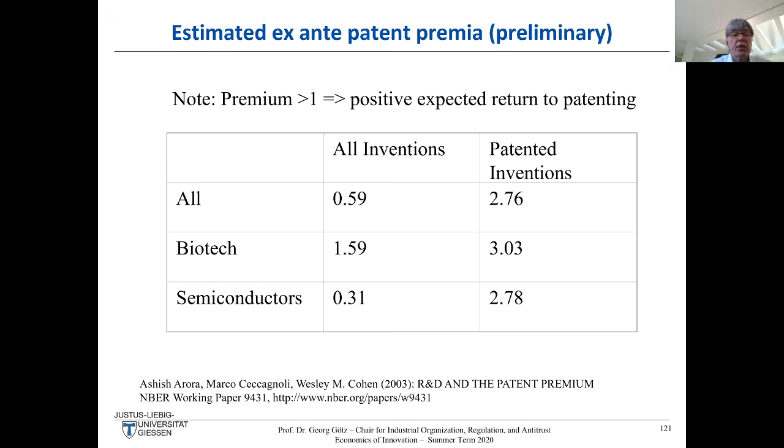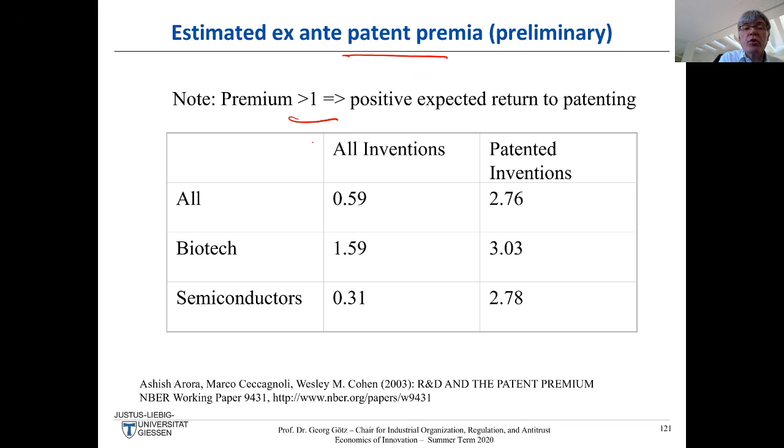Another point is, how important is patenting? This is a result from a working paper by Ashish Arora, Marco Ceccagnoli, and Wesley Cohen, which finally got published in 2008 without this nice table for whatever reason. But the interesting thing here is, is there a patent premium? So do you earn more due to patenting?